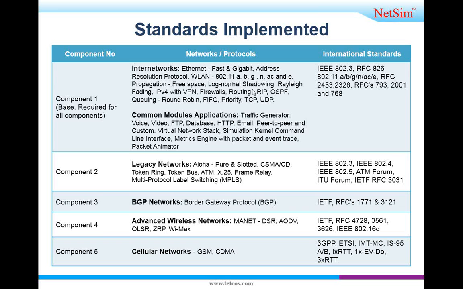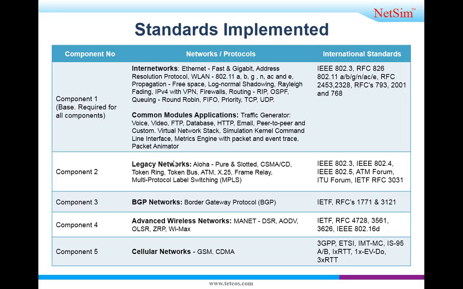Propagation has free space, log-normal shadowing, and Rayleigh fading, then firewalls, routing, RIP, and OSPF. Then queuing is there, and there are some common module applications which can be generated over one node, like voice, video, FTP, database, HTTP, email, peer-to-peer, and custom. These are the common module applications which can be generated on any node.